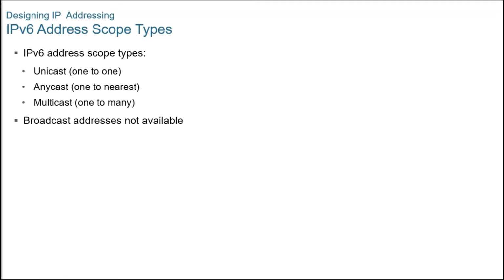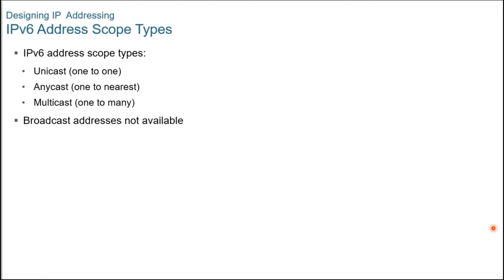Therefore, all nodes with the same Anycast address should provide uniform service. Anycast addresses are syntactically indistinguishable from global unicast addresses because Anycast addresses are allocated from the global unicast address space.